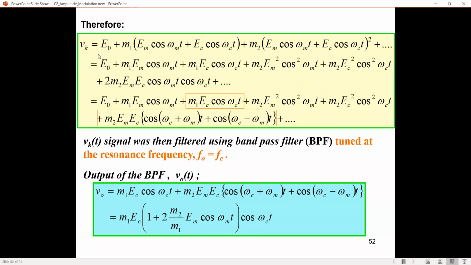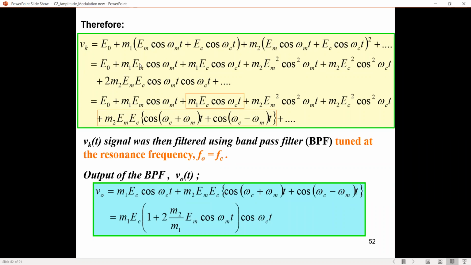Okay, so we will just substitute VI equal to EM cos omega MT plus EC cos omega CT inside this equation. So we have E0 plus M1 VI plus M2 VI square. We take only up to the square term.